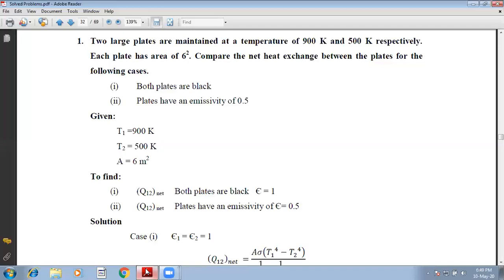Then we have also discussed the terms called absorptivity, reflectivity, transmissivity.